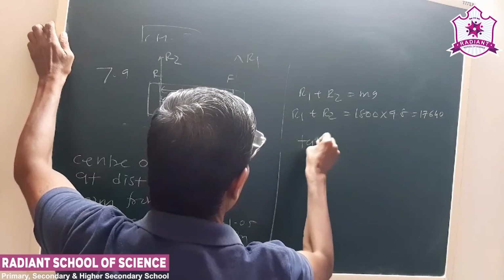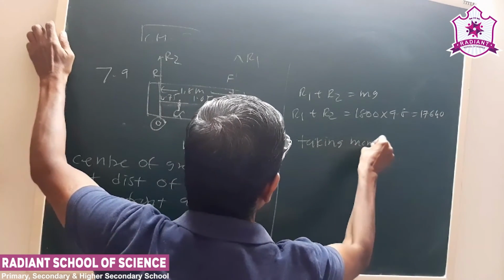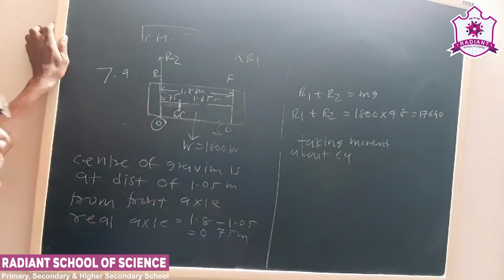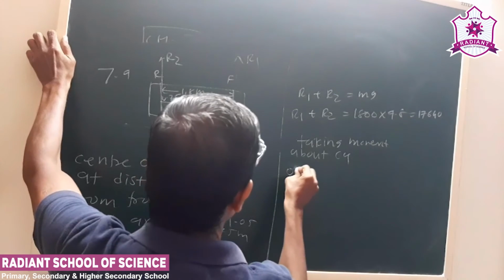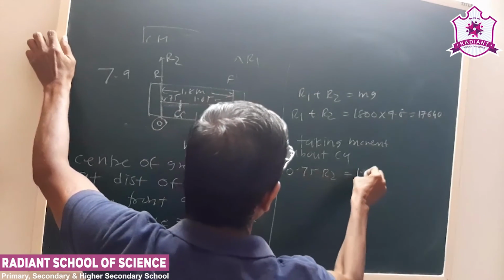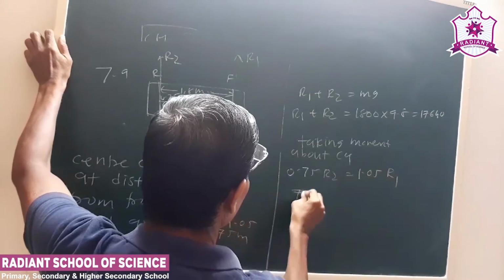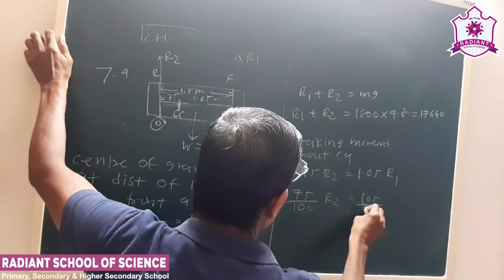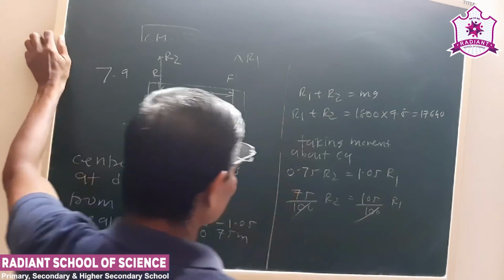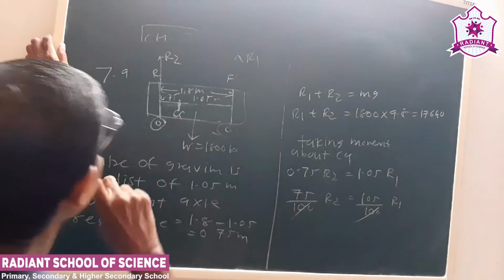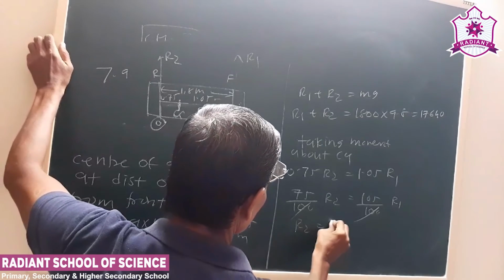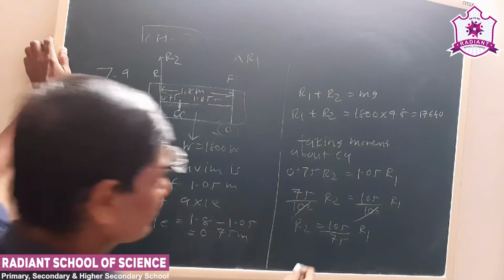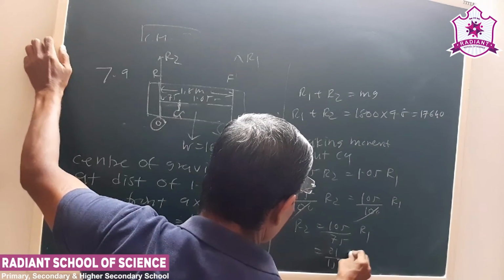So we consider taking moment about center of gravity, that is 0.75 into R2 is 1.05 R1. 75 by 100 R2 is 105 upon 100 into R1. So R2 is equal to 105 upon 75 R1. Now see, both are multiples of 5, 21 by 15 R1.